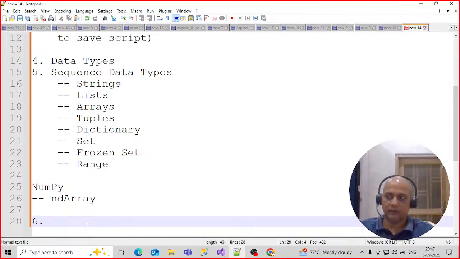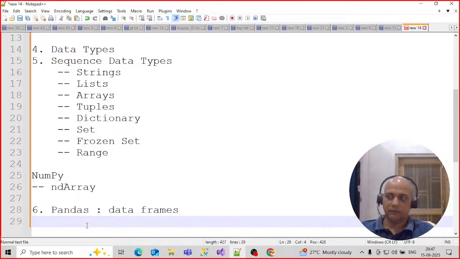Then we will study pandas, another library. Here we will be studying data frames and their operations, and how to read files. We have different sources: a CSV file, an Excel file, data in SQL.